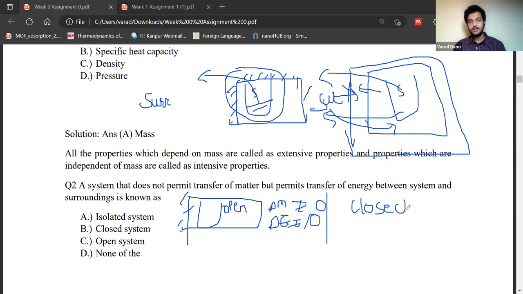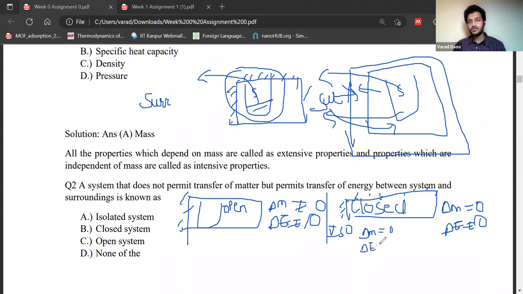So for a closed system, delta M equals 0, but delta E is not equal to 0; it can exchange energy. And an isolated system is a closed system in which you also stop heat transfer, so it does not exchange energy. Then delta M is 0 and delta E is also 0, right? So with this, let us check what the question has.